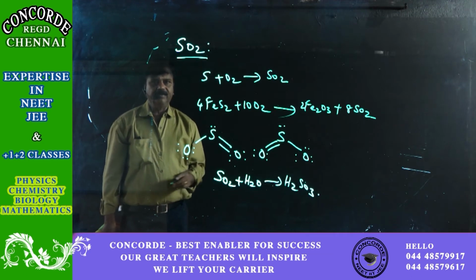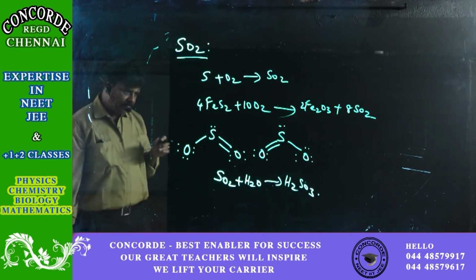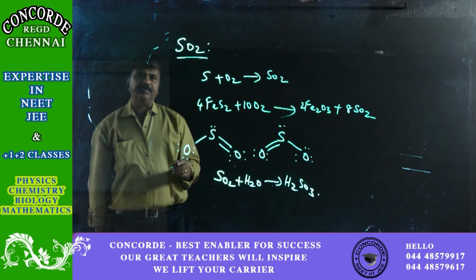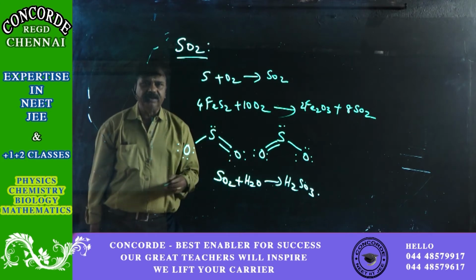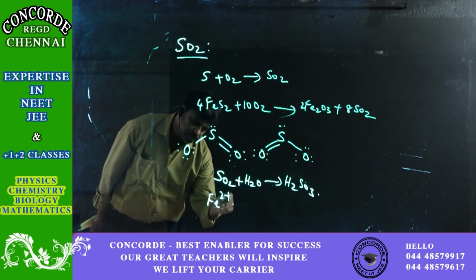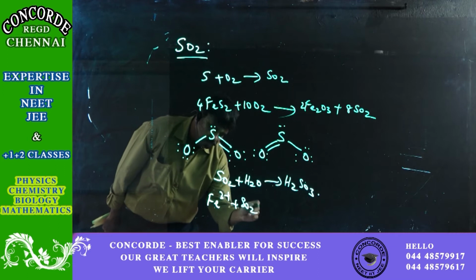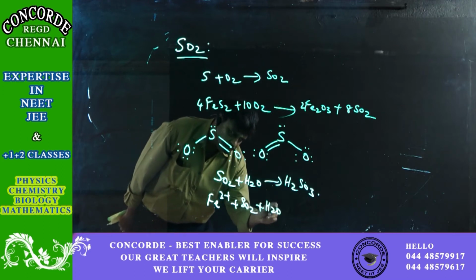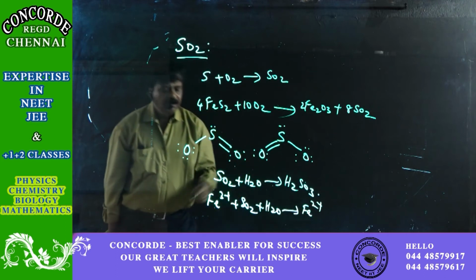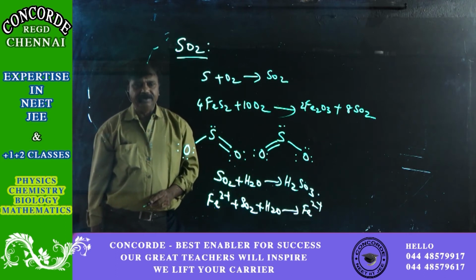H2SO3. When it is moist, it behaves as a reducing agent. Fe3+ is reduced to Fe2+ by moist sulfur dioxide.